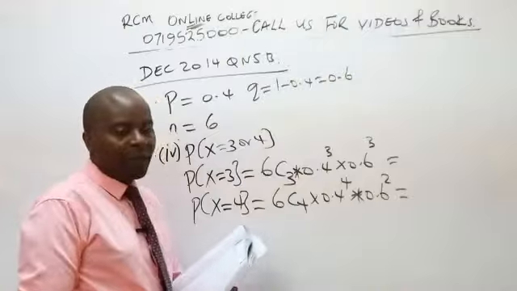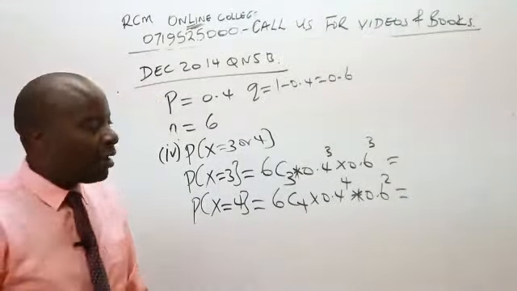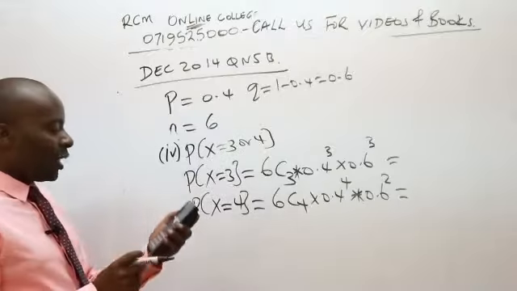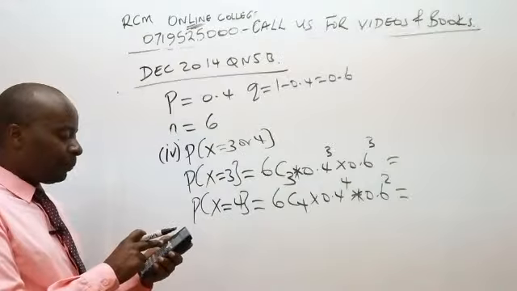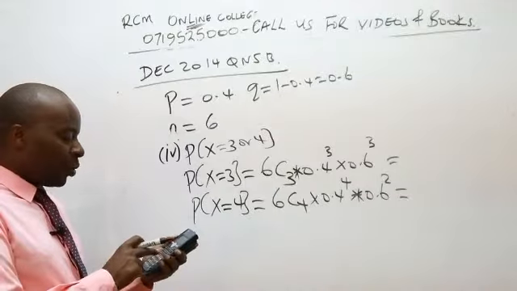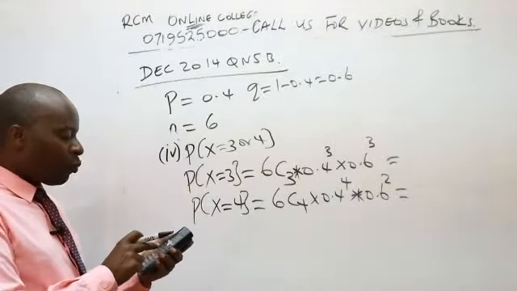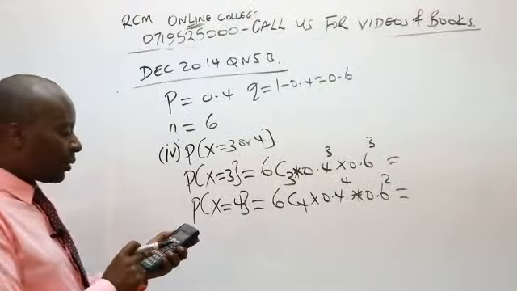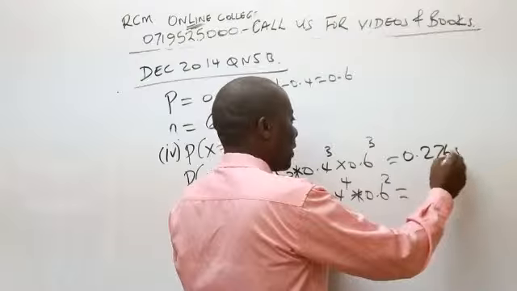So ladies and gentlemen, what you'll need to do right away is to have your calculator and evaluate this. So this will be 6 combinations 3, the first one, times 0.4 raised to power 3 times 0.6 raised to power 3 again, which gives me 0.2765.